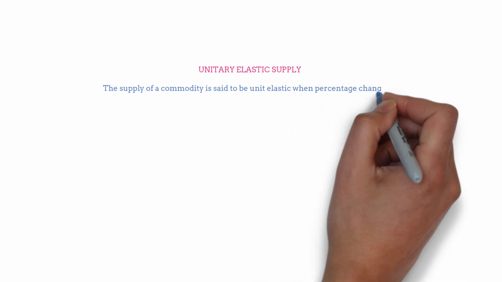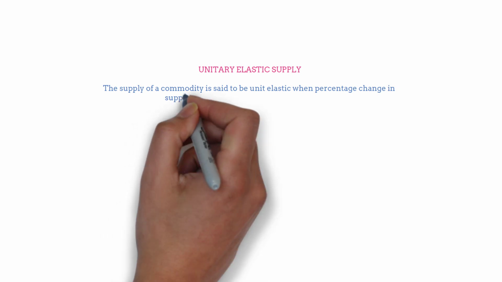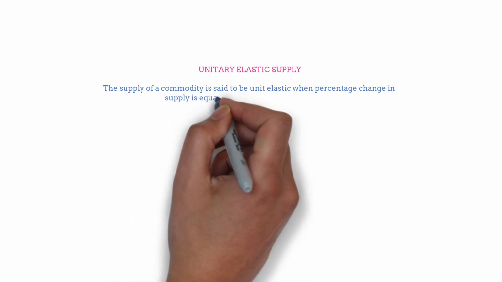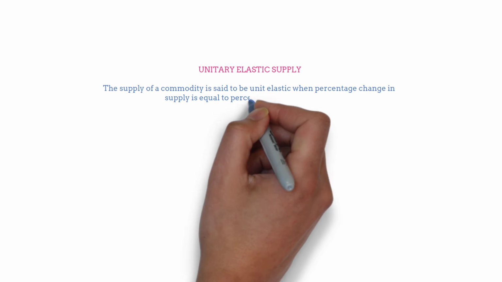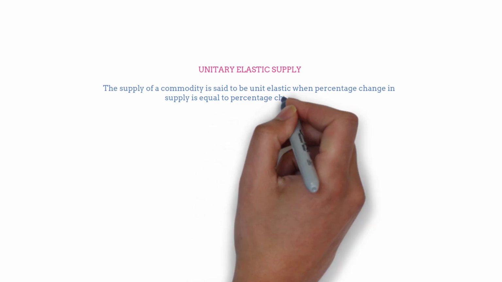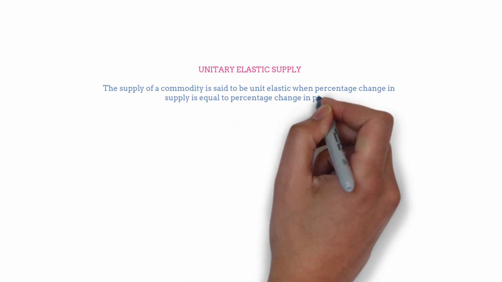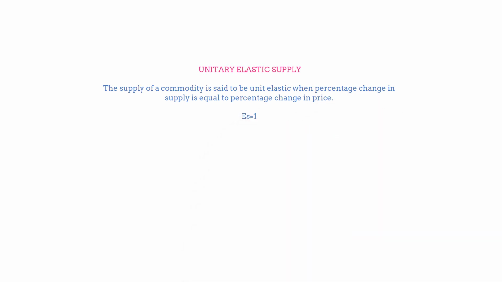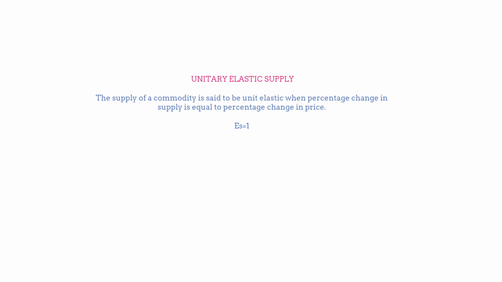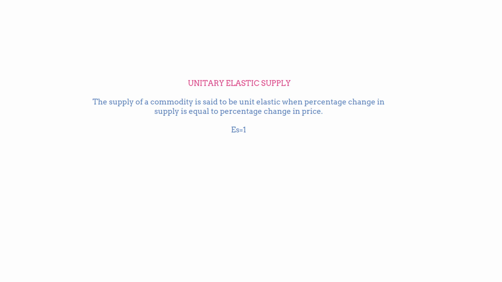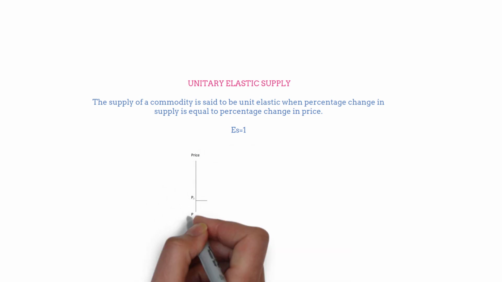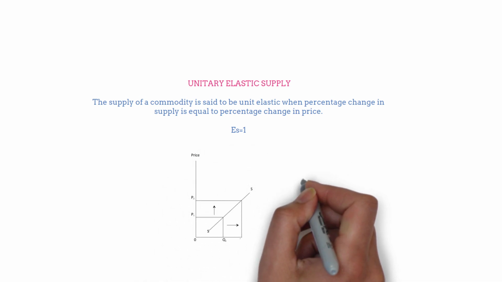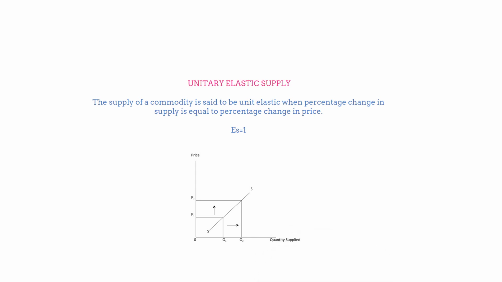So that means the supply of a commodity is said to be unit elastic when the percentage change in the supply is equal to percentage change in the price. So that means elasticity of supply equals to 1. As the diagram indicates, the supply curve SS, which is a 45 degree line, represents unitary elastic supply curve.